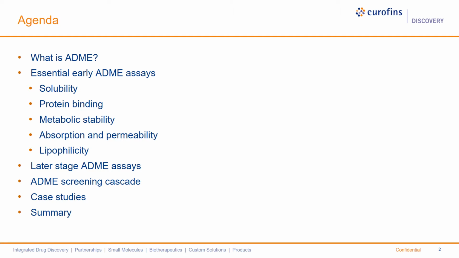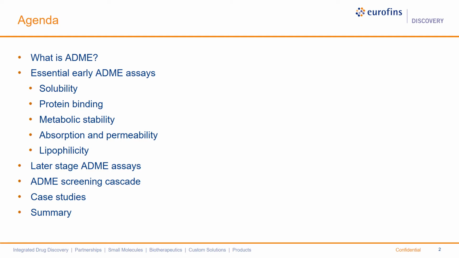This includes looking at compound solubility, binding of compounds to proteins, metabolic stability of compounds, absorption and permeability of compounds, and lipophilicity of compounds. These are all important properties of compounds that can affect the overall ADME picture and thus also overall affect the availability of a drug when being used as a therapeutic.